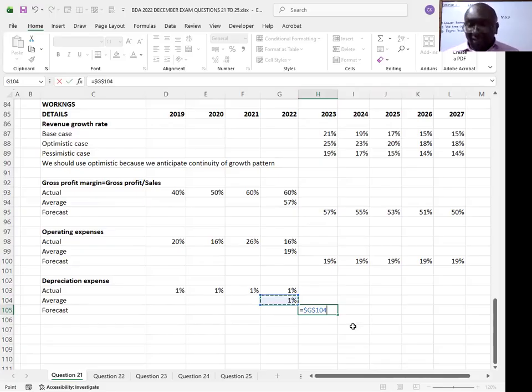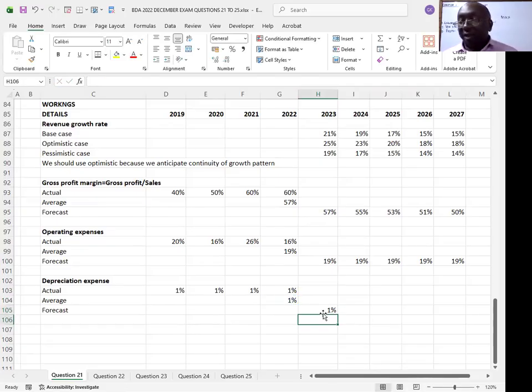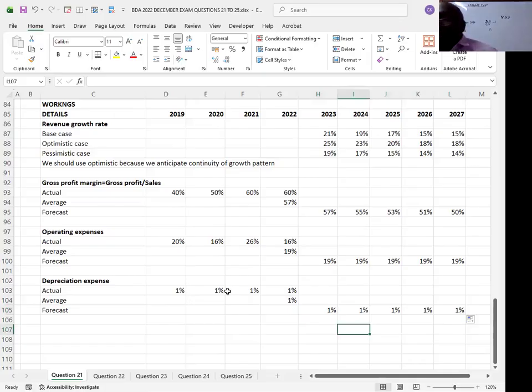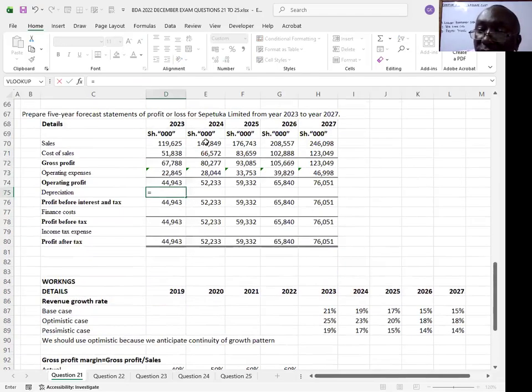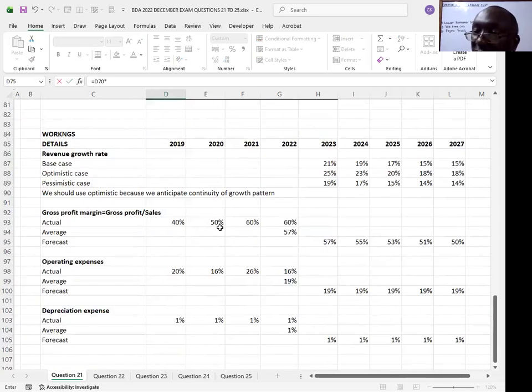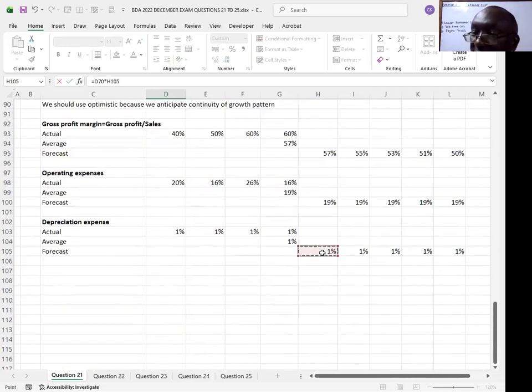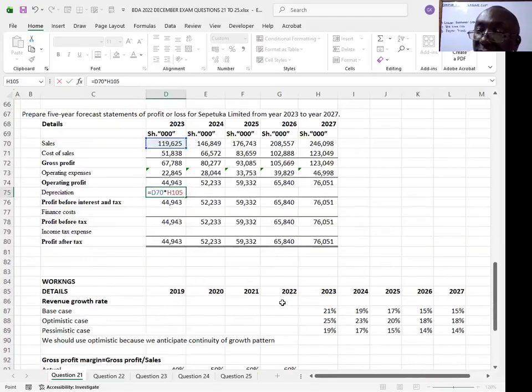You press enter, then you autofill. Haya, tukibia hapa juu, tuweke sasa hii depreciation. Equals, you take these sales times that depreciation rate. Enter, tell me what you're getting.